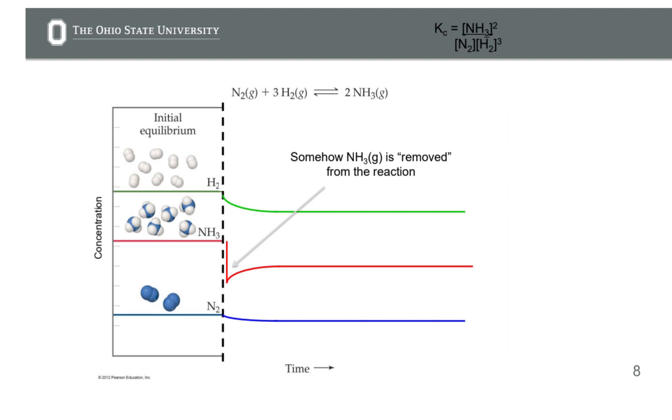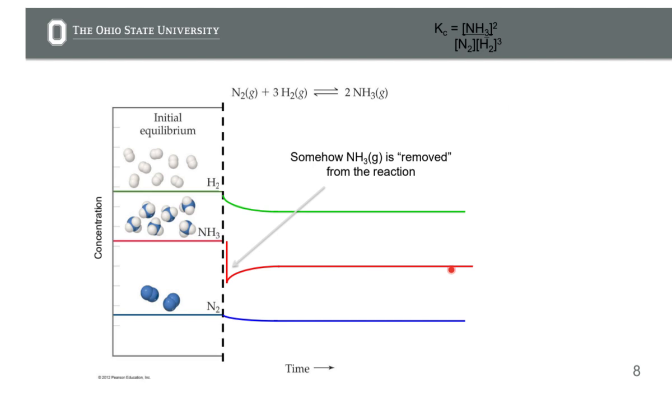We can remove some ammonia from our reaction. We'll just isolate ammonia and remove it from the reaction flask. And you can see what happens to the concentrations of other species after we remove that ammonia.